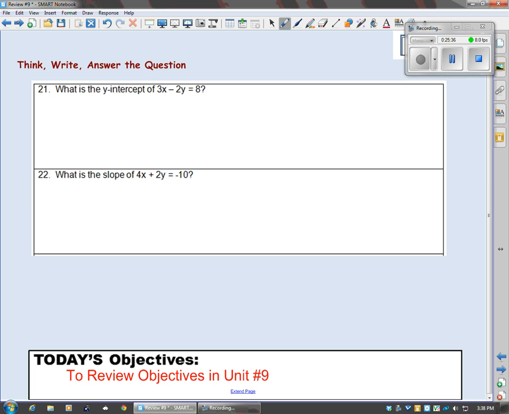What is the y-intercept? The y-intercept is B. So I don't know. I've got to rearrange this. Solving for y. Move that 3x over. So negative, don't lose your negative, negative 2y equals negative 3x, drop down the 8, plus 8. Divide by negative 2.